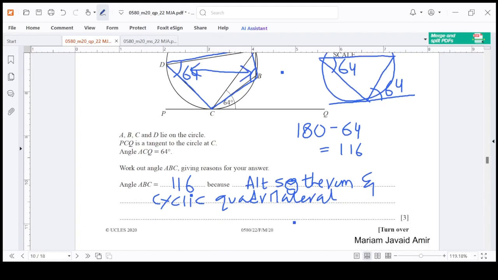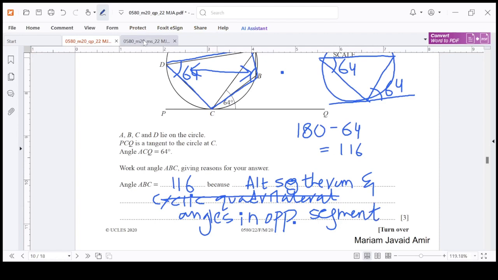Or instead of cyclic quadrilateral, you might have also studied angles in opposite segment. This is also another name for the property of cyclic quadrilateral, angles in opposite segment. So you may write cyclic quadrilateral or angles in opposite segment.